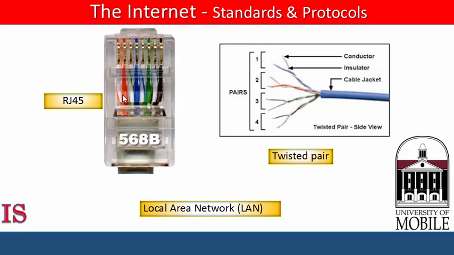White orange, orange. White green, blue. White blue, green. White brown, brown. That is actually called the EIA/TIA 568B standard because it was established by 2 of the agents on the previous slide, the Electronics Industries Alliance and the Telecommunications Industry Association.